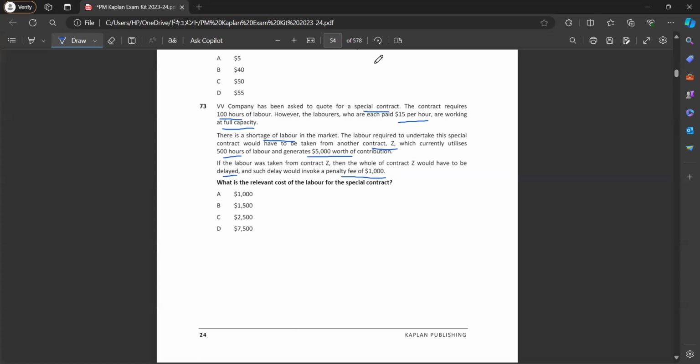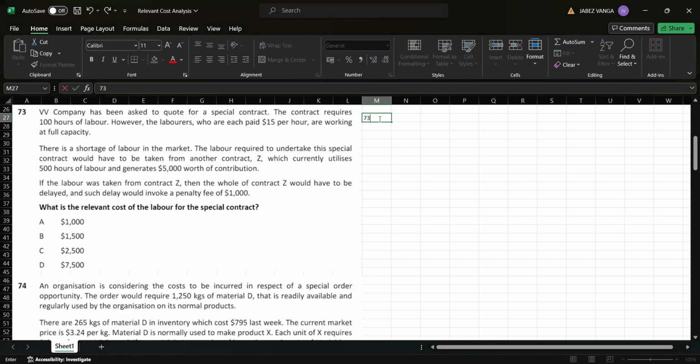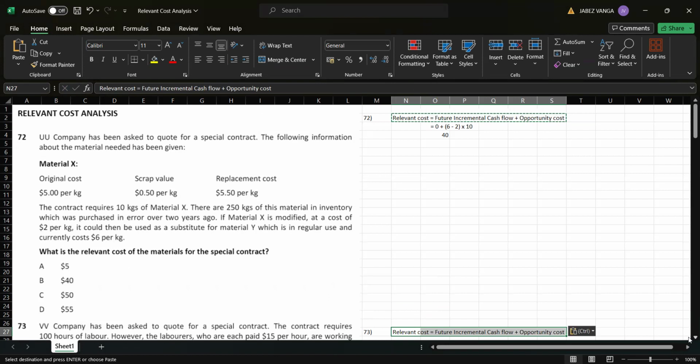So let's go to the Excel file and then solve the answer there. 73rd question, we see that relevant cost is equal to future incremental cash flow plus the opportunity cost.